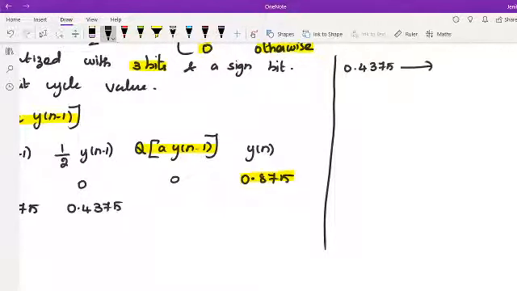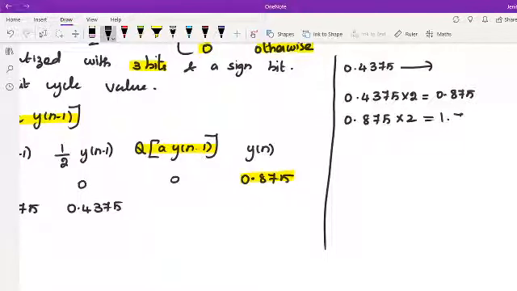First, I am going to convert this into binary. 0.4375 into 2, that is equal to 0.875. 0.875 into 2 is 1.75. 0.75 into 2, 1.5. 0.5 into 2, 1.0.